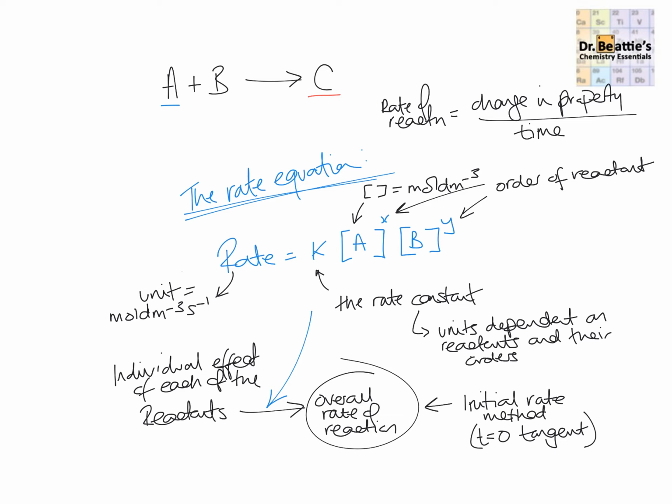Now at A level, these orders of the reaction with respect to each reactant can either be 0, which is zero order, 1, which is first order, so that means whatever your value of concentration is, you just times it to the power of 1. And then finally, it can be second order, which is where x or y would be 2. And so you square the effect of the reactant.